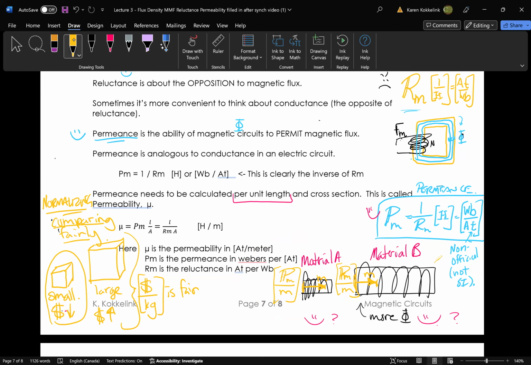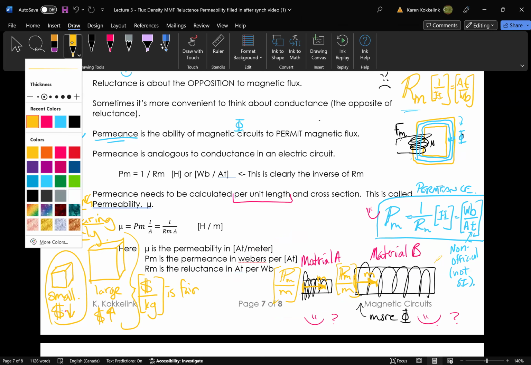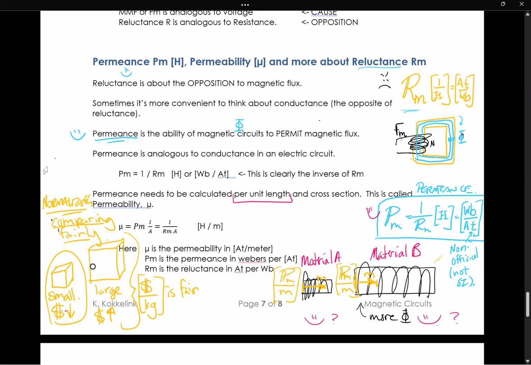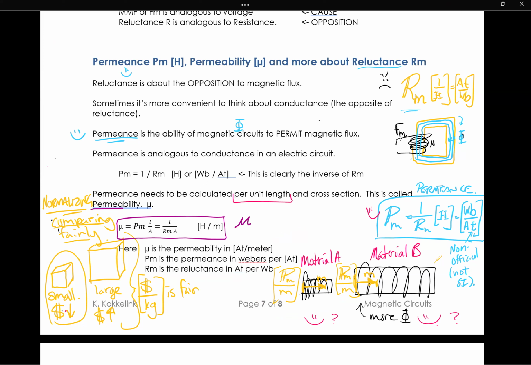But true to magnetic circuits in general, true to magnetism, we decided to give that its own unit. So now we have permeability.